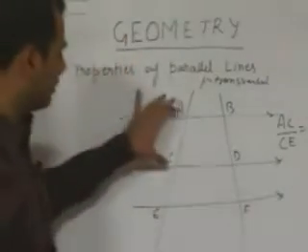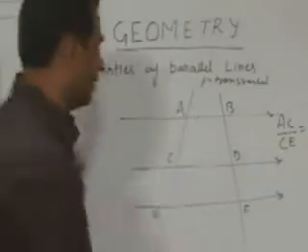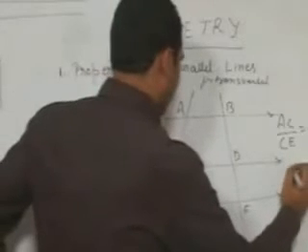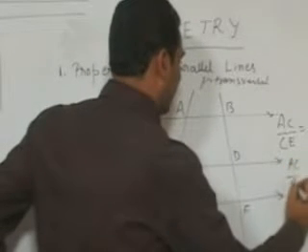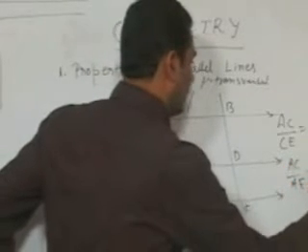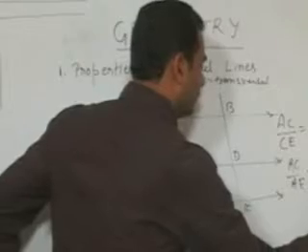The ratio of these sides is always equal. Similarly, we can also say that AC by AE is equal to BD by BF.